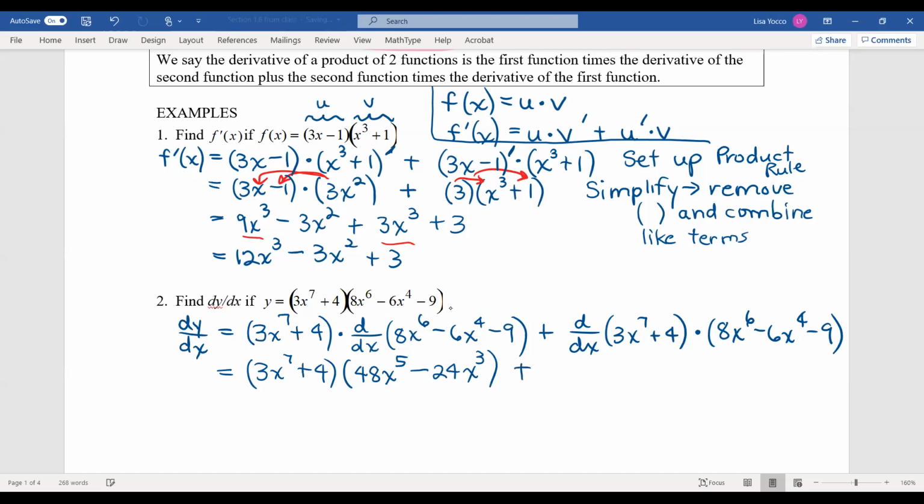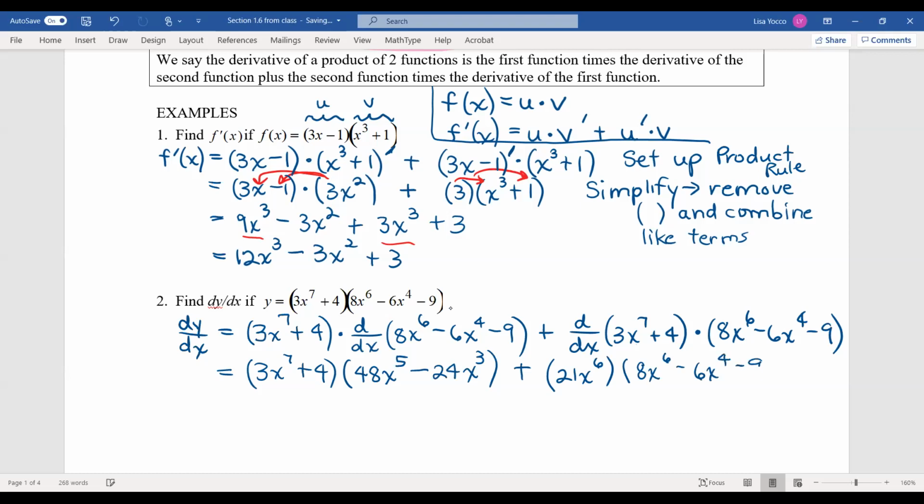All right, now for the derivative of 3x to the 7, 7 times 3 is 21. Subtract 1 from the power. Derivative of 4 is 0. And then that's multiplied by the other function.